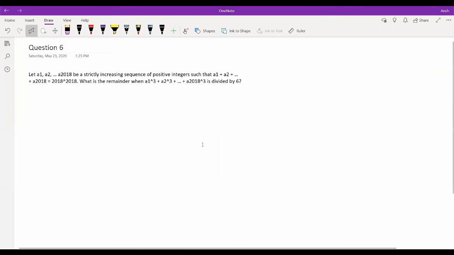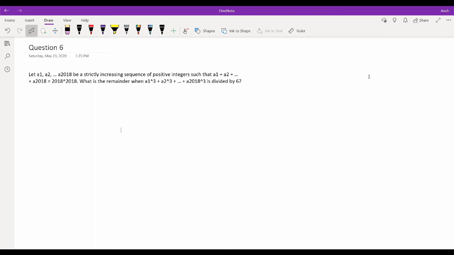Now, here we have a more difficult A and C question. It tells us let A1, A2, dot dot dot, all the way until A2018 be a strictly increasing sequence of positive integers, such that A1 plus A2 plus dot dot dot plus A2018 equals 2018 raised to the 2018 power.